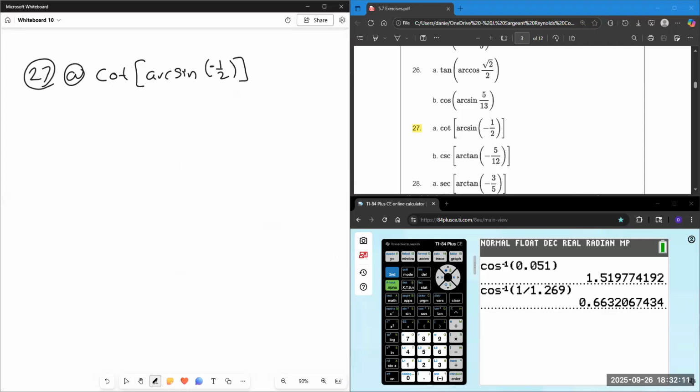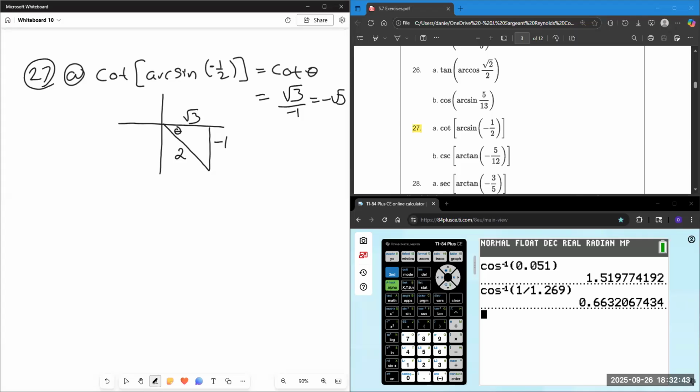So arc sine is -1/2. There's my theta down there. Cotangent of theta, that's defined by that. Cotangent is adjacent over opposite. It's a -√3.